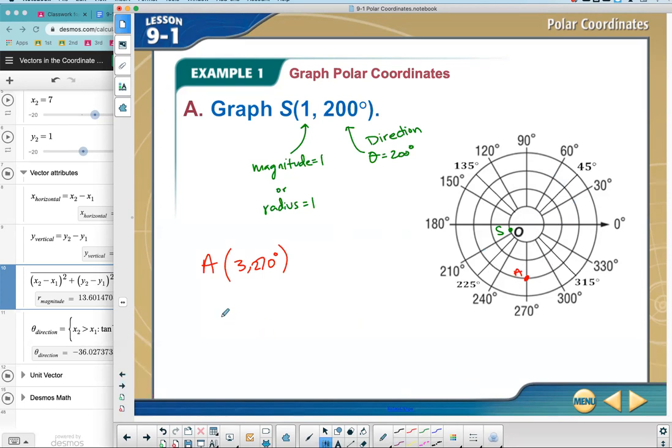And if you wanted one more point just for good measure, just to make sure you really know what's going on, we could try 4, 45 degrees. You find the pole that's 45 degrees, and we go to the circle that happens to have a radius of 4 units. So 1, 2, 3, 4. This circle right there would have the radius of 4 units. I could label these 1, 2, 3, and 4.